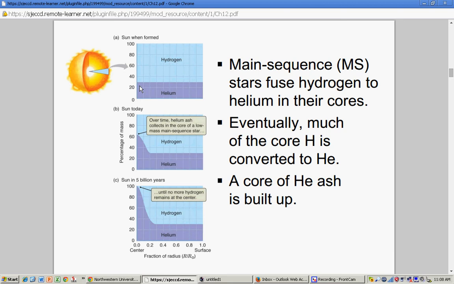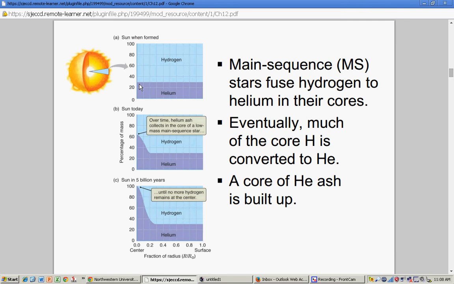25% by mass helium, 75% or so hydrogen, all through the star, because that is the composition of our universe if you think on a large scale. But in the core, especially in the sun today, what this graph shows is that in the very center of our sun, 60%, not 25%, but 60% of the central core is helium.